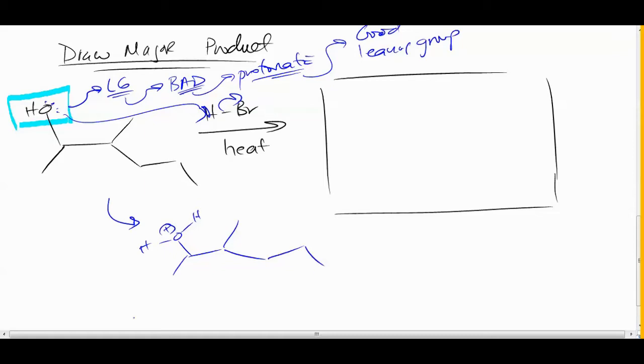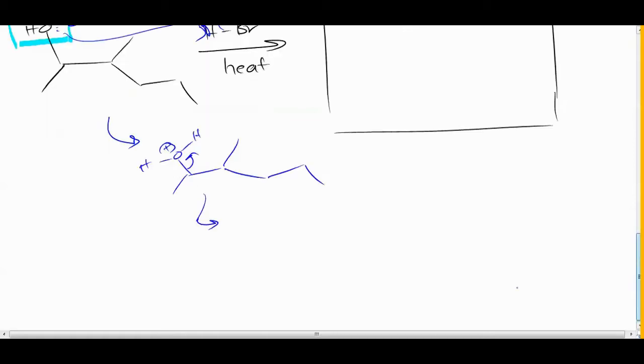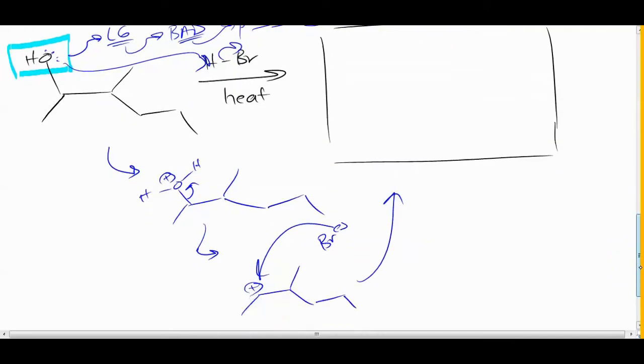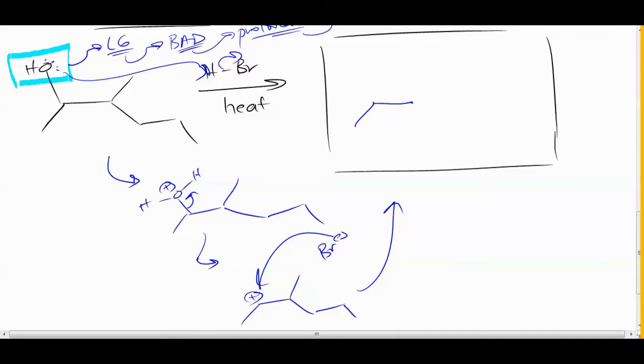Alright, so this bond is going to break, and we're going to form a carbocation, like always. And then the bromine is going to attach there. Perfect. Easy peasy. Like that? Yep.